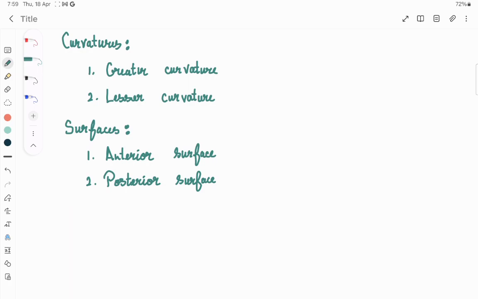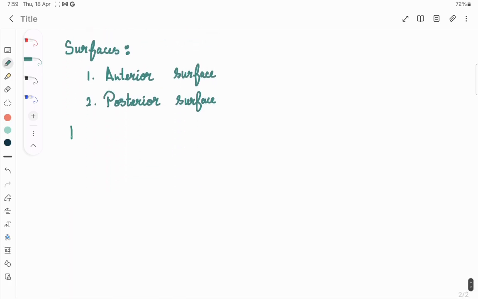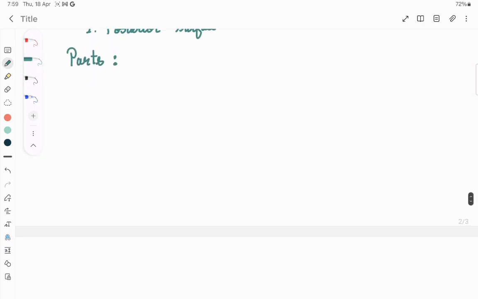Talking about parts of the stomach, we have 4 parts. It's basically different in different books.